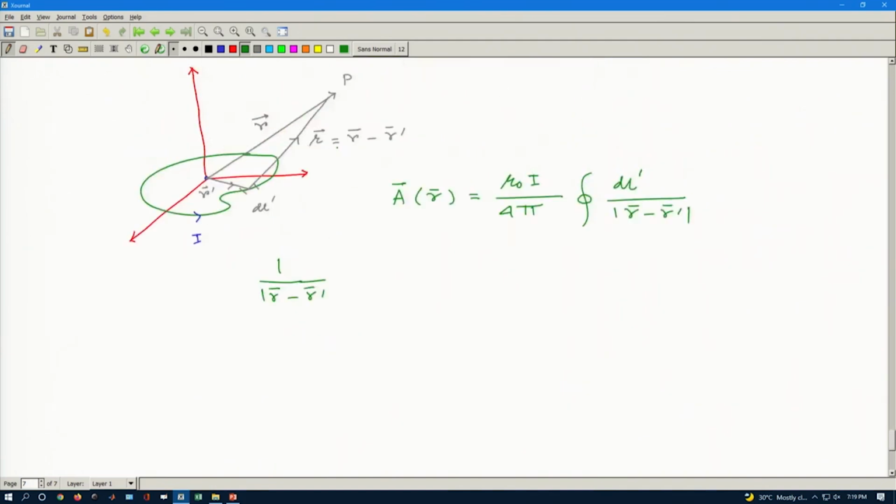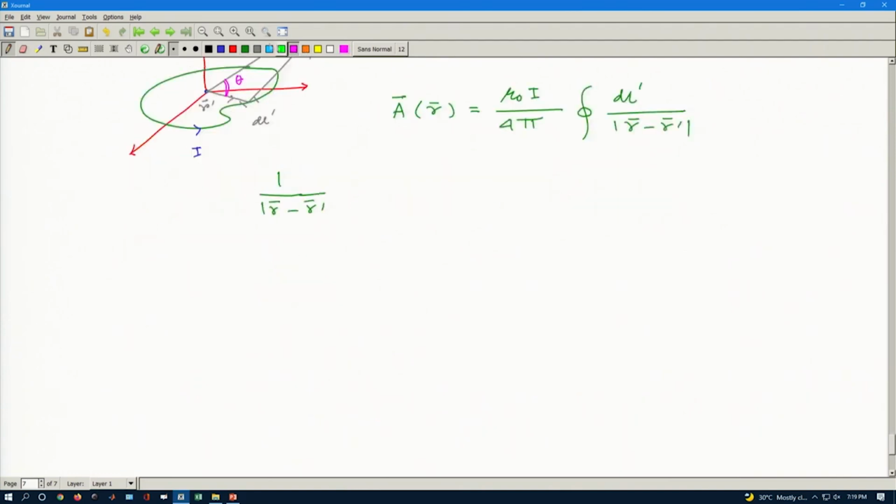If this angle is theta, then this quantity is the summation over n from 0 to infinity of r prime to the power n divided by r to the power n plus 1, times P n of cos theta.